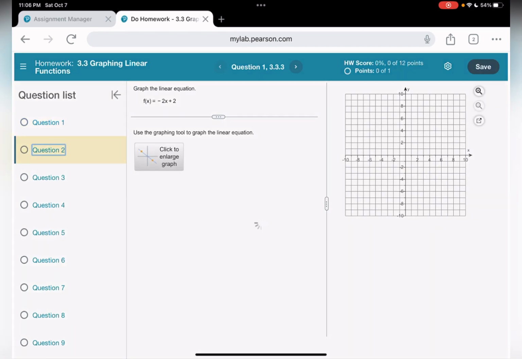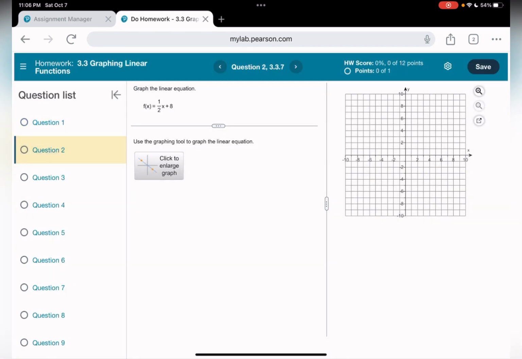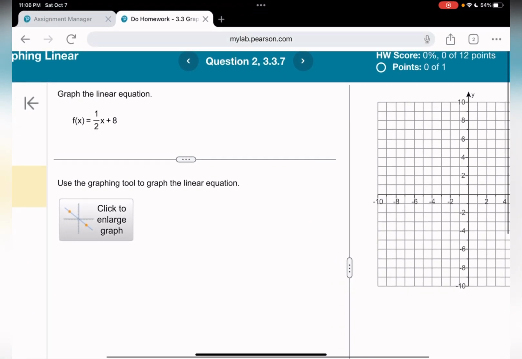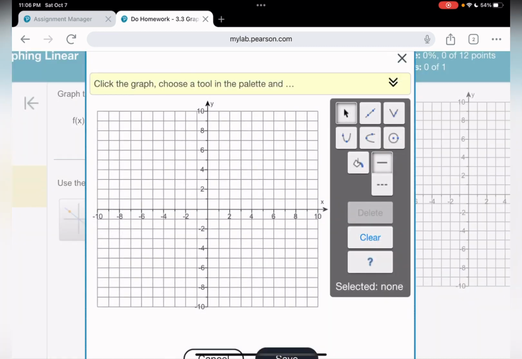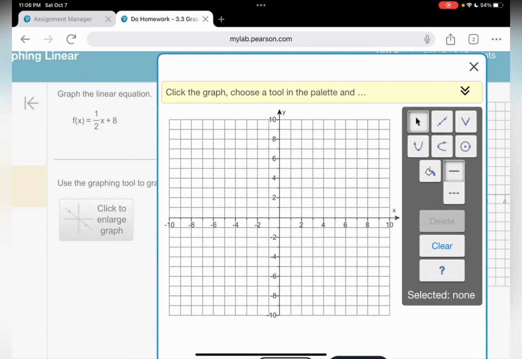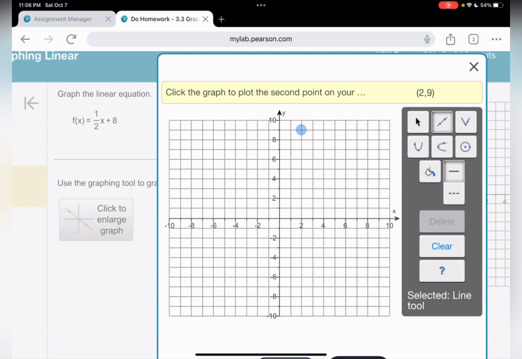All right, I'm going to the second one. The first one we solved, so it escaped. 1/2, right? So that's why I'm taking 2, so 2 and 2 would cancel, I will have 1. So if x is equal to 2, 2 times 1/2 is 1, and plus 8 is going to be 9. So x is 2, y is 9, right here.